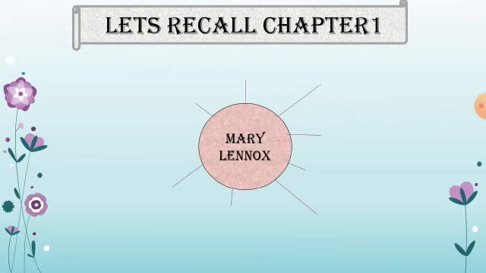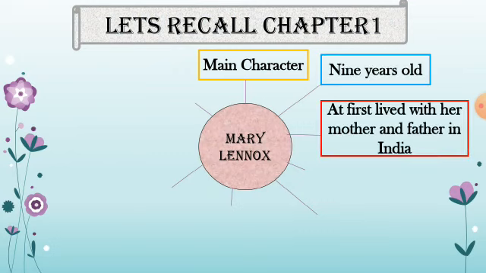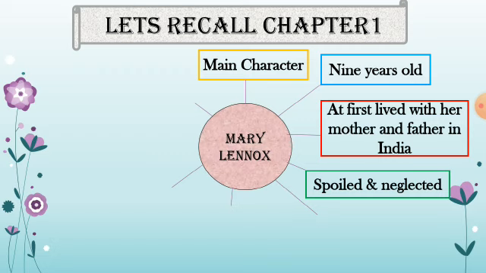As the story begins, we were introduced to the main character, Mary Lennox. She was 9 years old and lived with her mother and father in a huge house in India. She was spoiled by her servants and was neglected by her parents as they didn't have a lot of time for her.